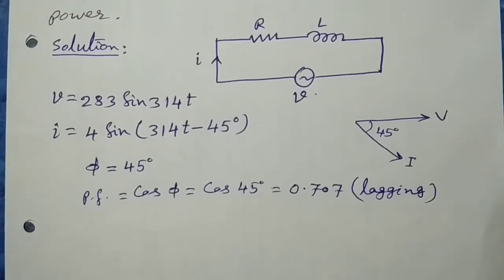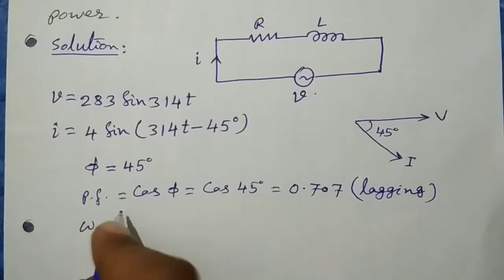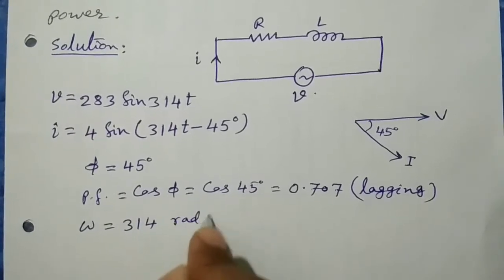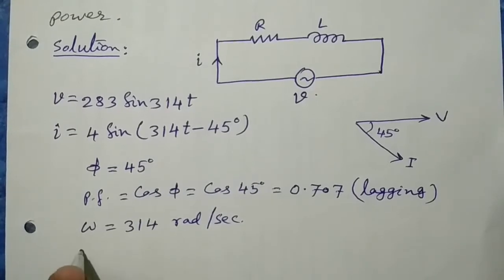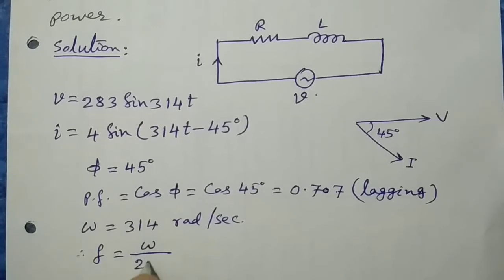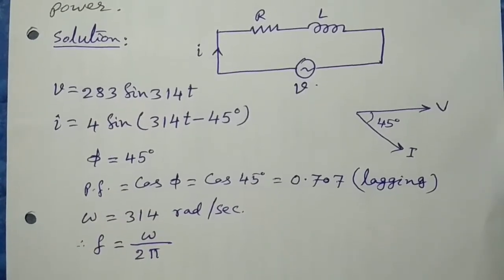Now in the next step, the omega value here is 314 radian per second as per the question. So the frequency of the circuit will be omega by 2 pi, because we know that omega is equal to 2 pi f.